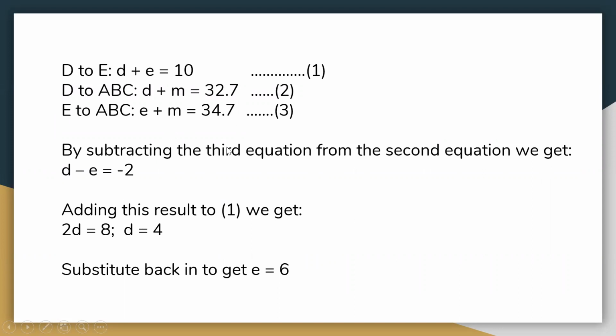By subtracting the third equation from the second equation, the equation that we get is D minus E equals to -2. Adding these results back to first equation, we will get 2D equals to 8, and thus the D becomes 4. Lastly, we substitute back into the first equation to get E, which is 6.